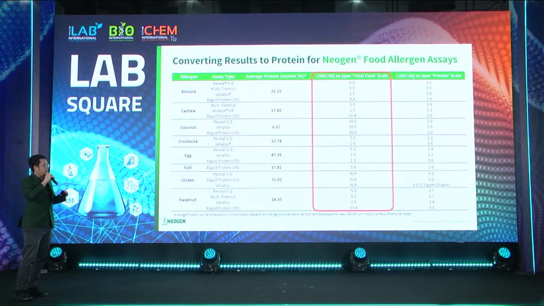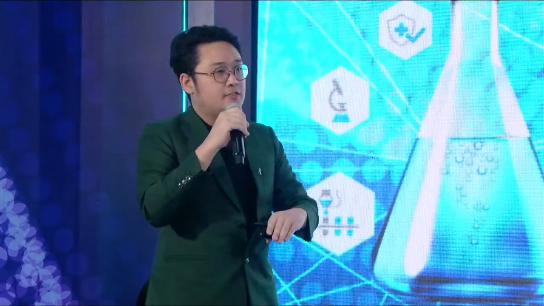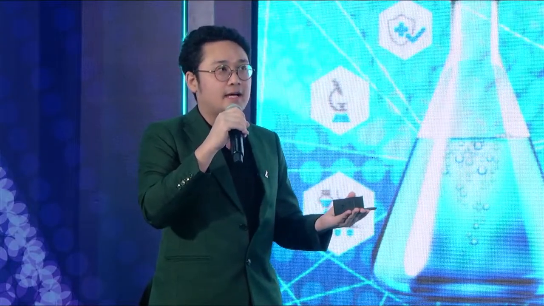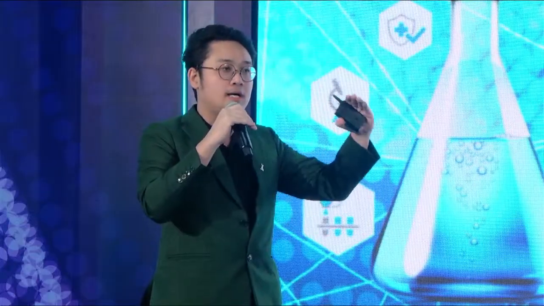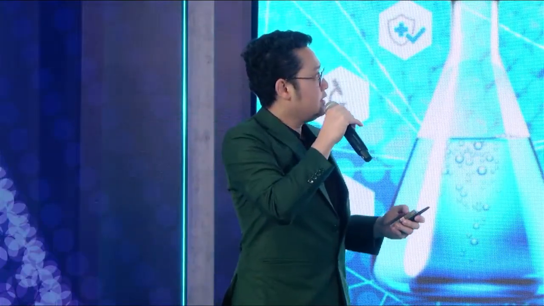But according to the latest Codex, such as the reference dose or the PAL, they focus on the ppm protein scale. If you do not convert that, when you determine your risk assessment, your risk may be over or underestimated. And if you use this, it aligns with the global harmonization standard.